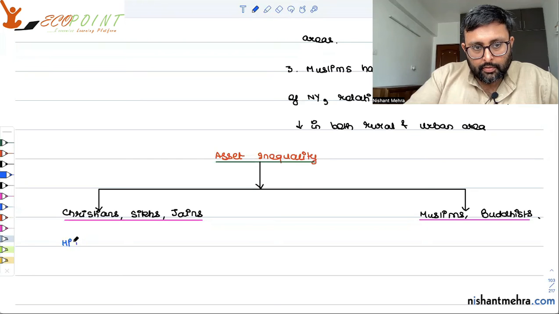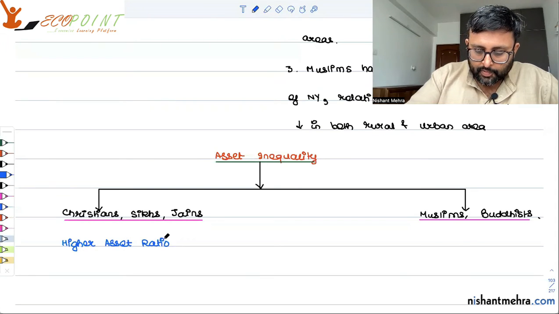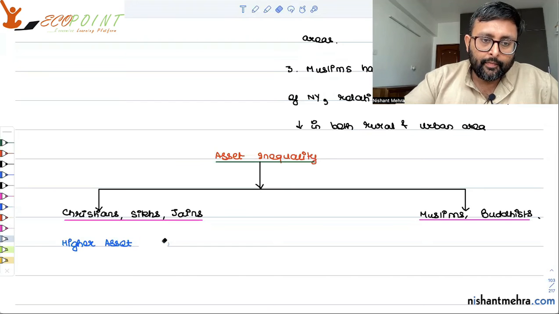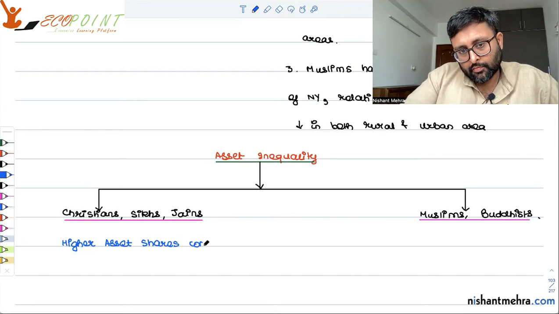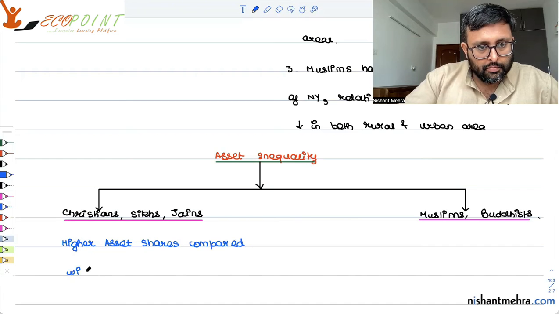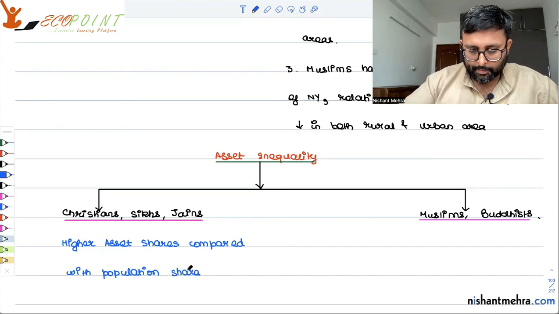So higher asset share compared with the population share.